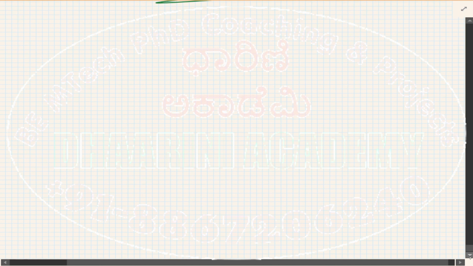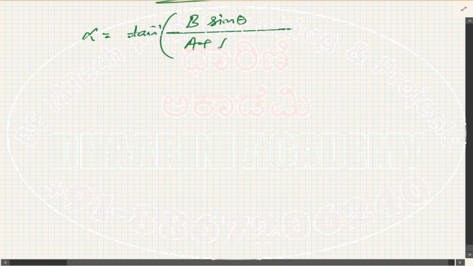Then let's calculate the angle alpha. Alpha is equal to tan inverse of B sin theta divided by A plus B cos theta.